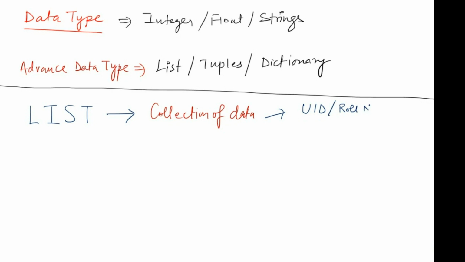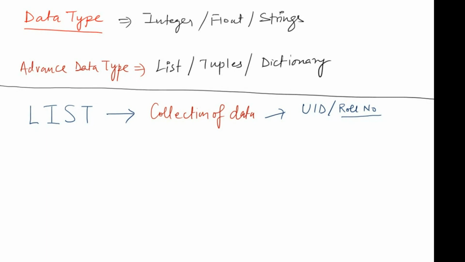We want to collect all these roll numbers and store them. For example, for 50 students, I can take whatever roll numbers you have got and store them in a list. Therefore, a list is known as a collection of data.